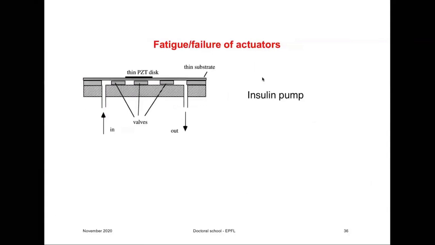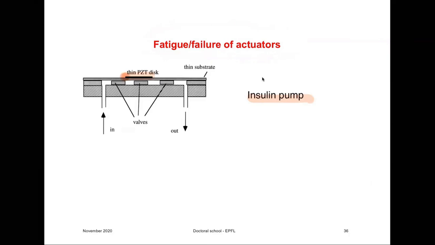When I'm mentioning these pumps, it's interesting to look at fatigue and failure of actuators. And here is an example of an insulin pump, which we tested. So you have a thin piezoelectric disc, this black part here.